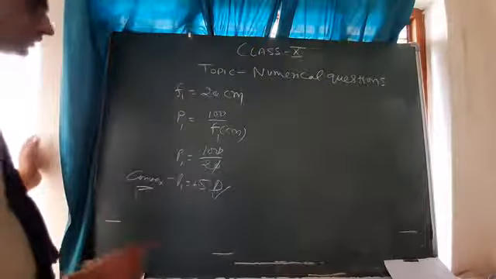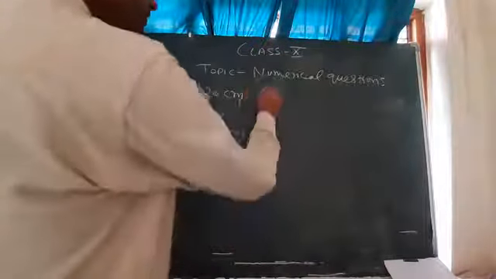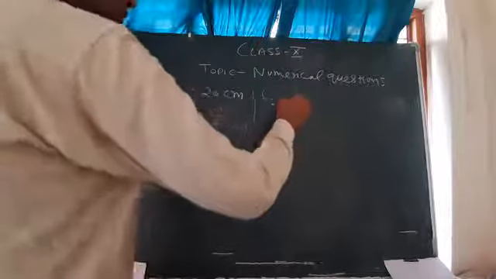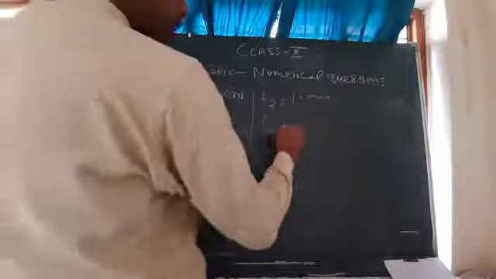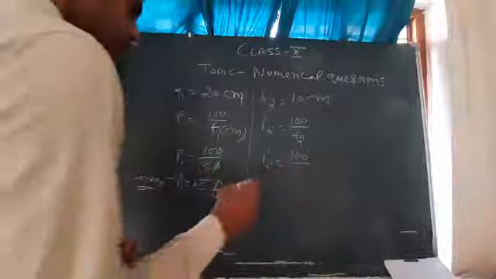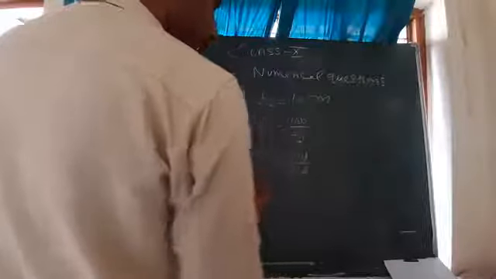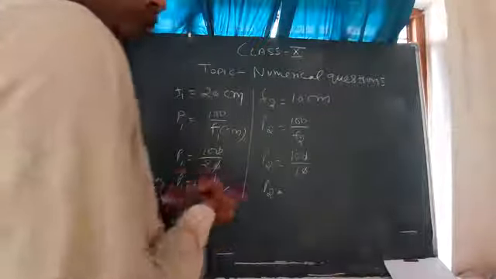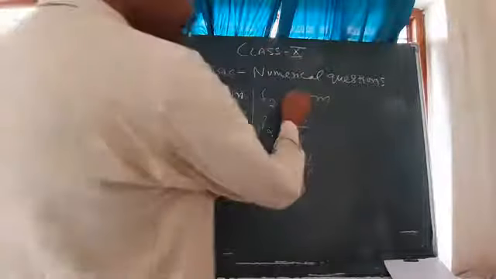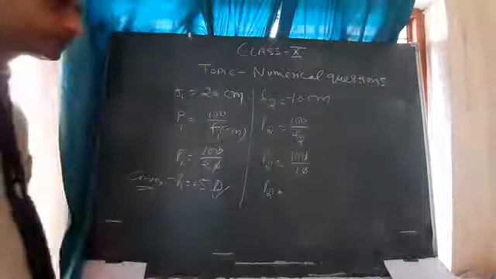Okay. Second, F2 is given 10 centimeter. So P2 equal to 100 upon F2. F2 is concave, so it means this is minus 10 centimeter.